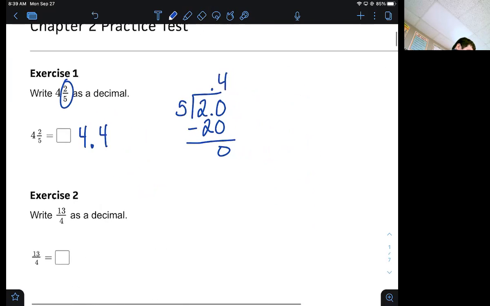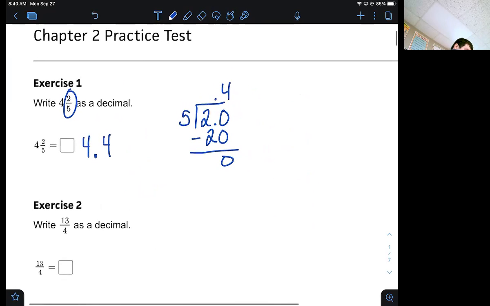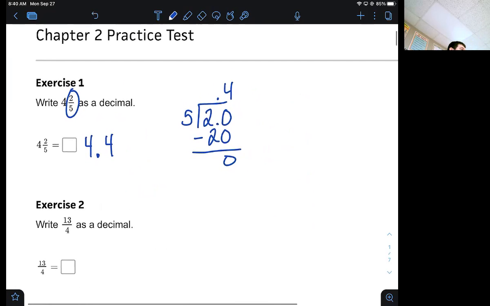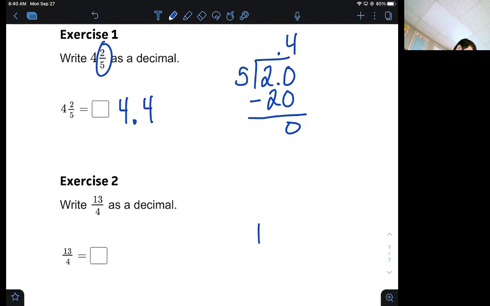Number 2, write 13/4 as a decimal. Okay, so same thing. Do exactly what Maddie said before. Take the top number, put it inside the box. Bottom number goes outside the box. Now, what makes this division problem different from the last one? Maddie?